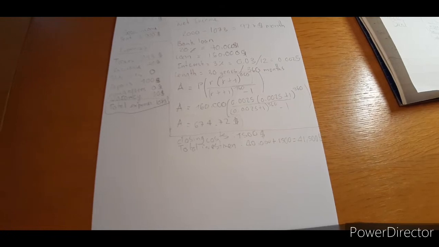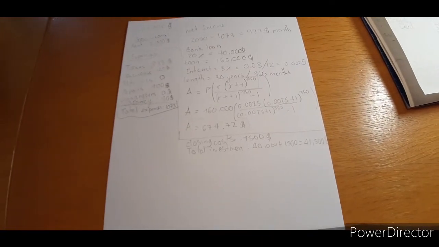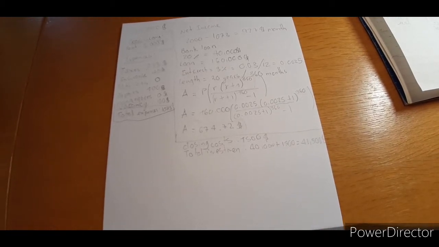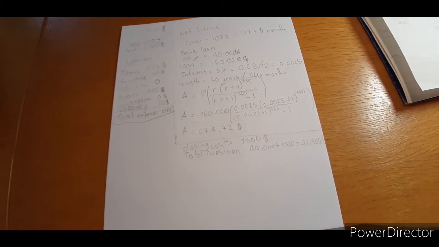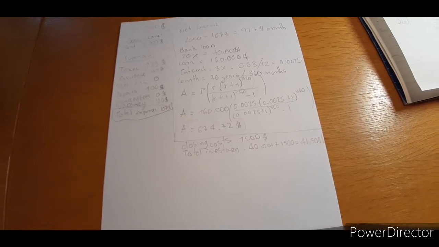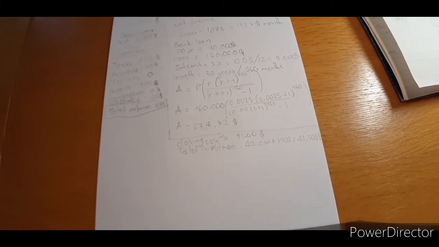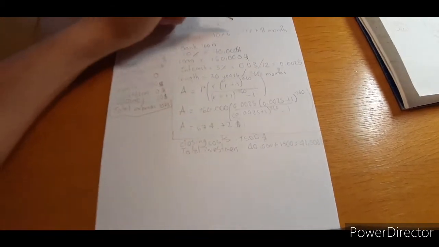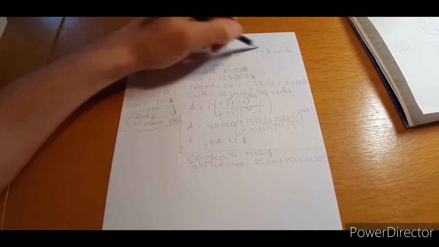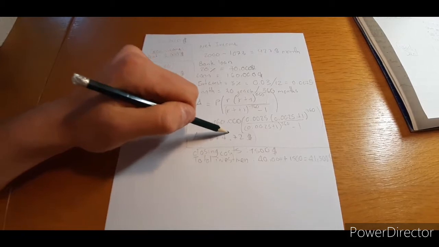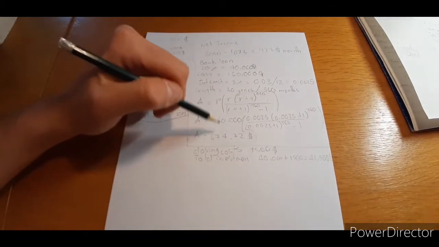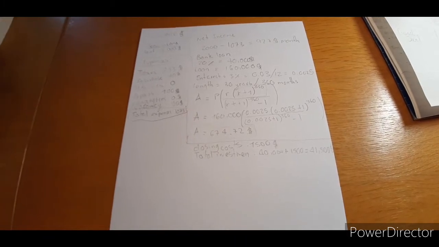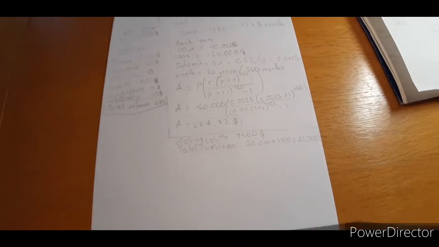Then, in order for us to see how much we're getting yearly in cash flow, we're going to take the 927 that we got on our net income minus the payment of the loan, and this will give us the cash flow, the money we're getting after all expenses are paid.